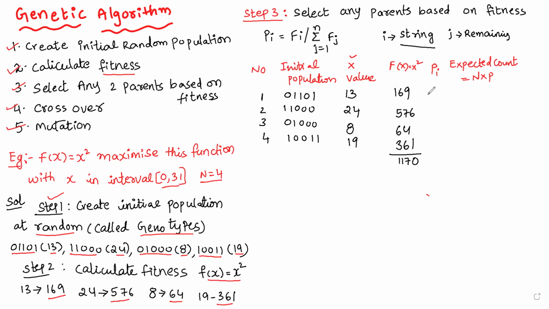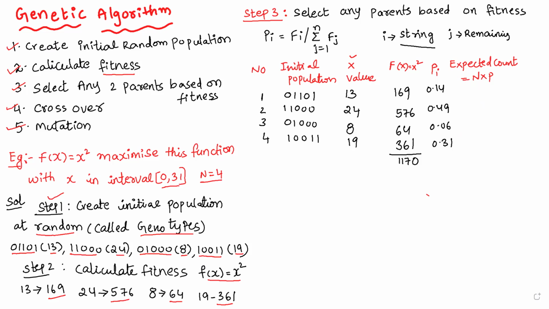So the values in place of pi are 0.14, 0.49, 0.06, and then 0.31. Okay.